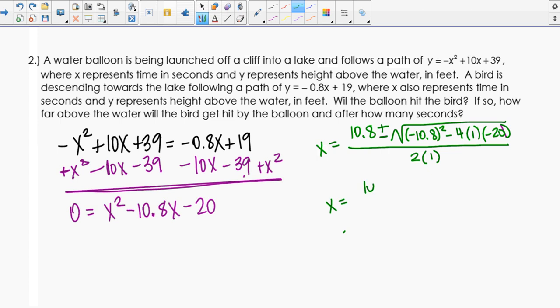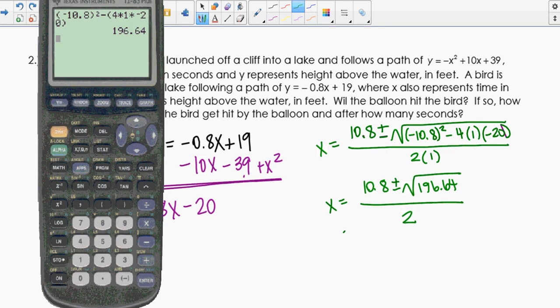So x is 10.8 plus or minus the square root of 196.64 all over 2. All right, so you guys, that's going to get us two answers. We have 10.8 plus the square root of 196.64, and then we have to divide that by 2.